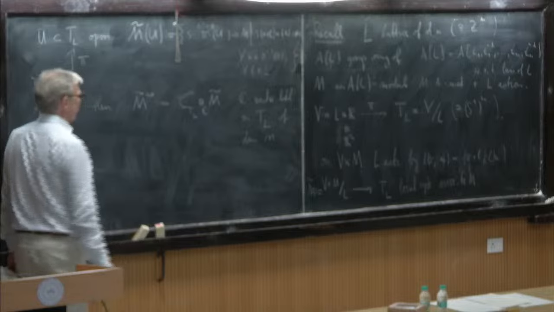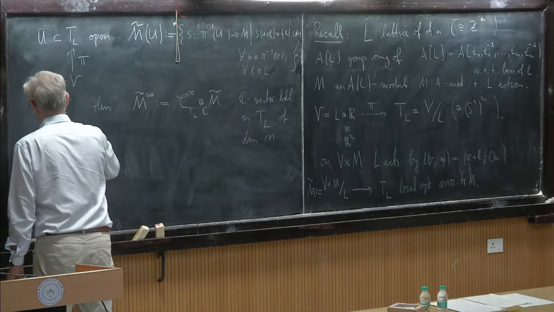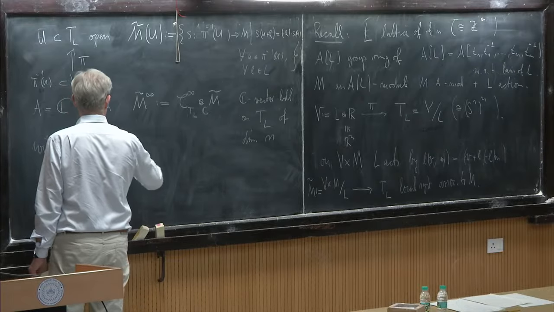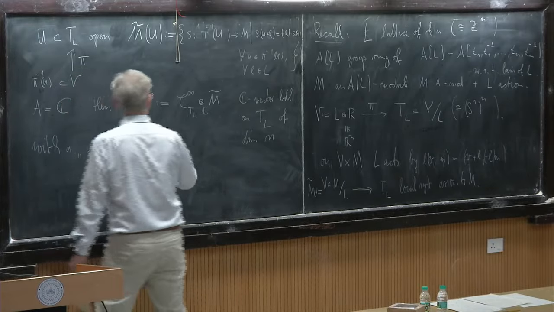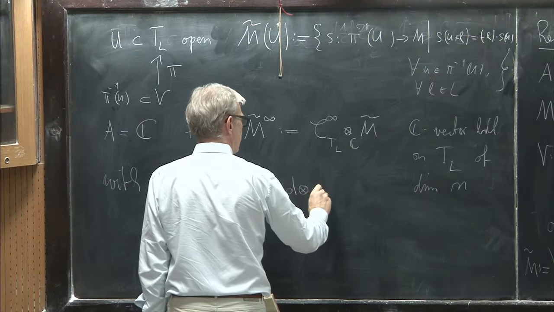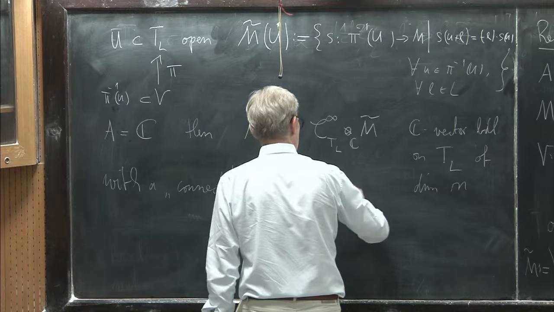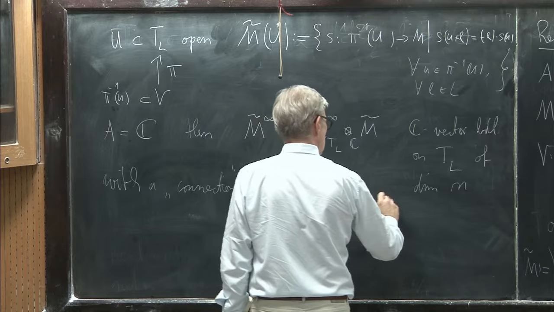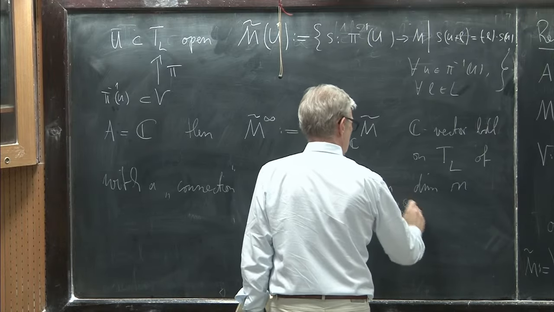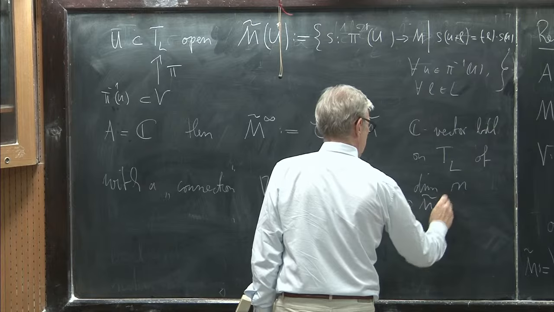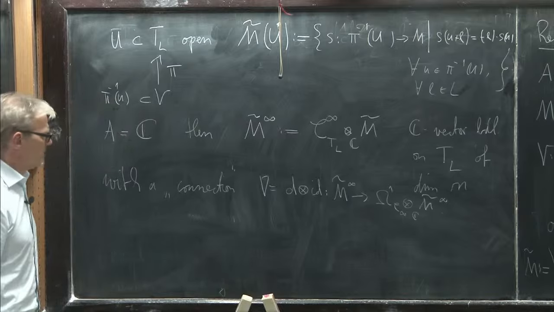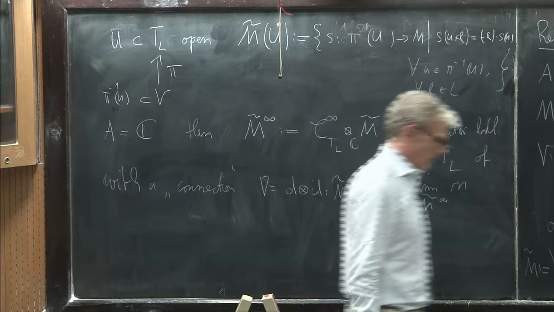And it is equipped with a differential, what is then called a connection on this vector bundle. So nabla is simply the usual differential tensor the identity map. This goes from M tilde infinity to the C infinity differential forms on the torus tensor M tilde infinity. That's a certain differential here.